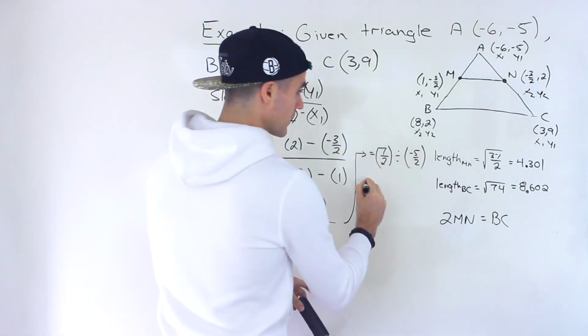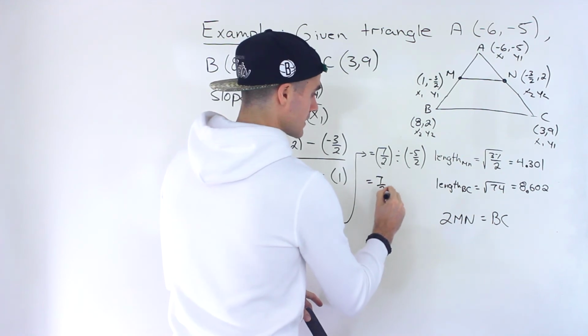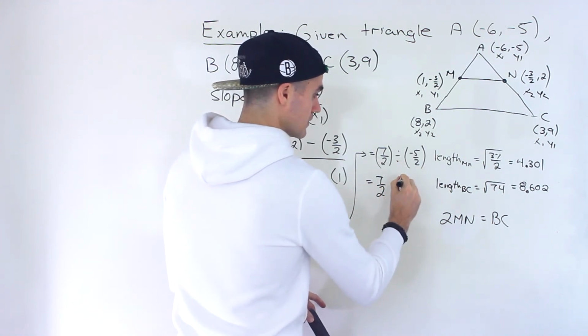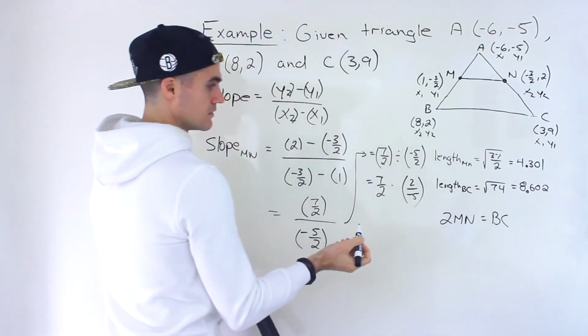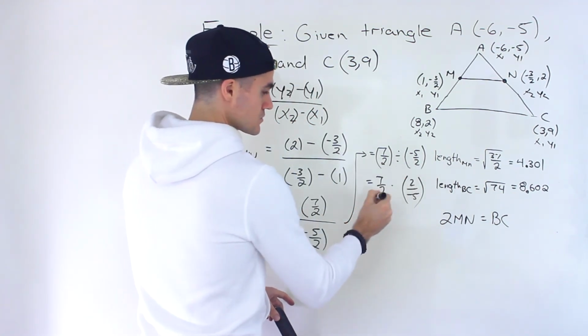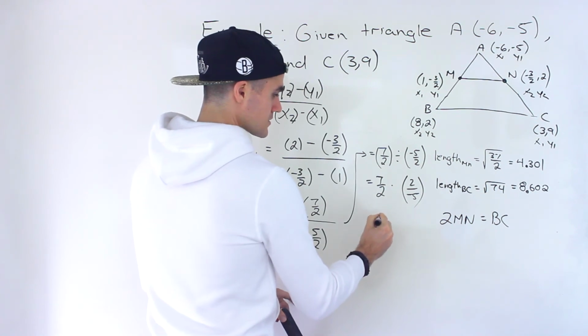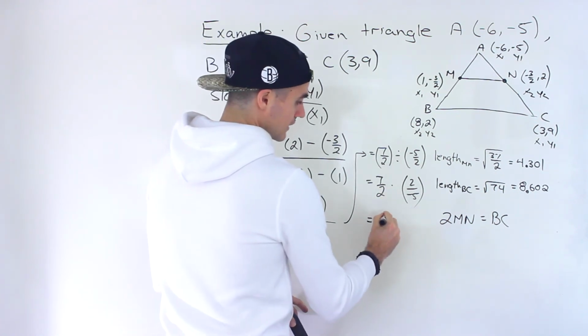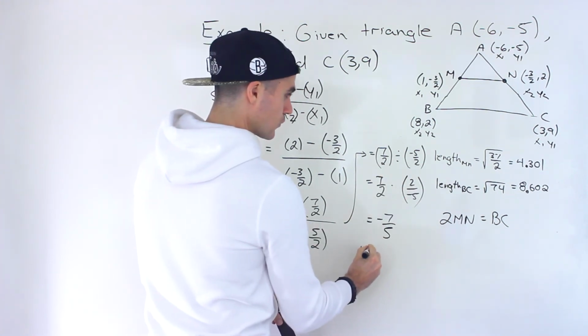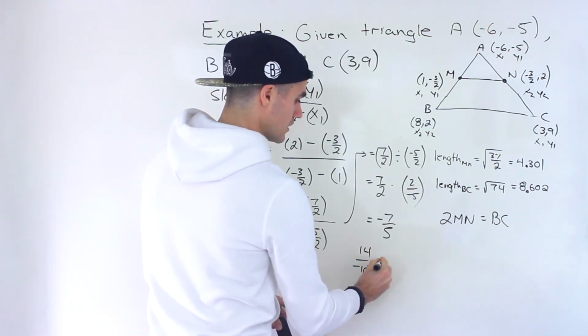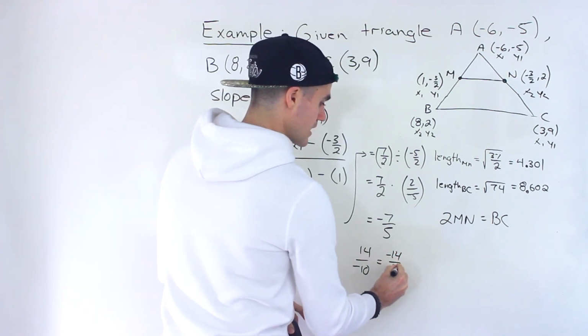And now if we're dividing by a fraction, that's the same thing as multiplying by the reciprocal of that second fraction. And then notice these 2's would cancel out, and so you'd end up with 7 over negative 5, or negative 7 over 5. If you didn't cancel out the 2's, it would be 14 over negative 10, which is negative 14 over 10.